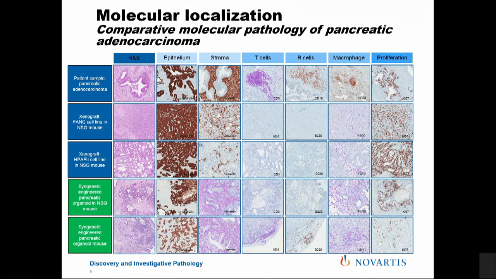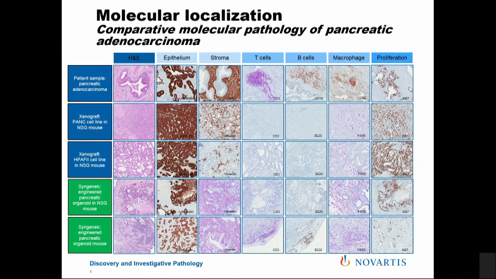A new precision model that's being developed is the use of organoids, syngeneic organoids, in which genetic engineering has been used to introduce changes in known oncogenes and tumor suppressor genes, and these models actually reproduce the morphology to a greater extent. We get the development of the mature fibrovascular stroma. In the case of immunocompetent mice, we get the infiltration of T and B cells with the formation of tertiary lymphoid structures.